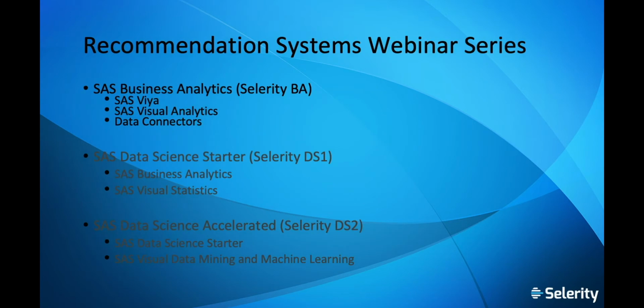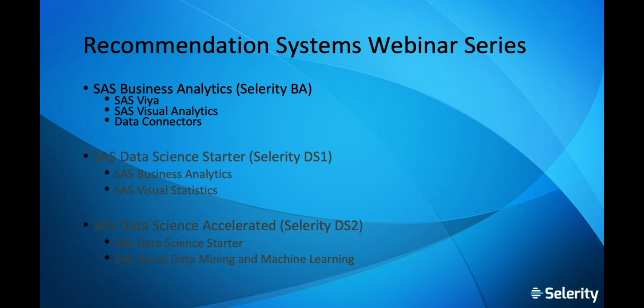This webinar is part 1 in a 3-part series. Selerity offer a number of different managed packages that include SAS software, and the 3 that we have chosen for this series are based on SAS Business Analytics, SAS Data Science Starter, and SAS Data Science Accelerated licenses from SAS. SAS Business Analytics is the package we will be using today, and this includes SAS Visual Analytics and nearly all the available SAS data connectors running on the SAS Viya platform.